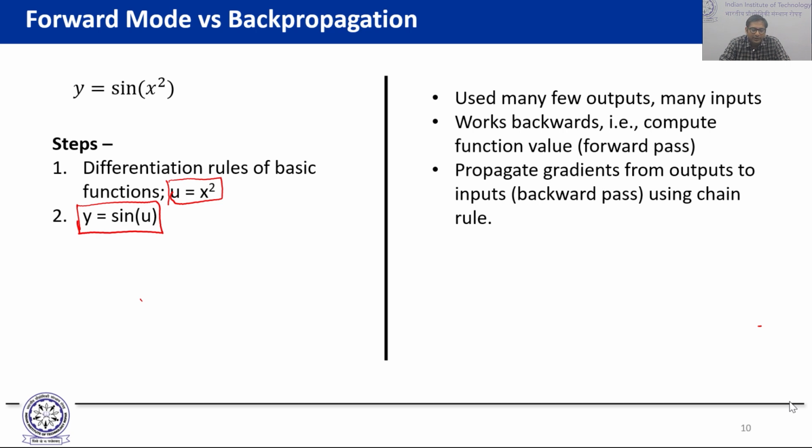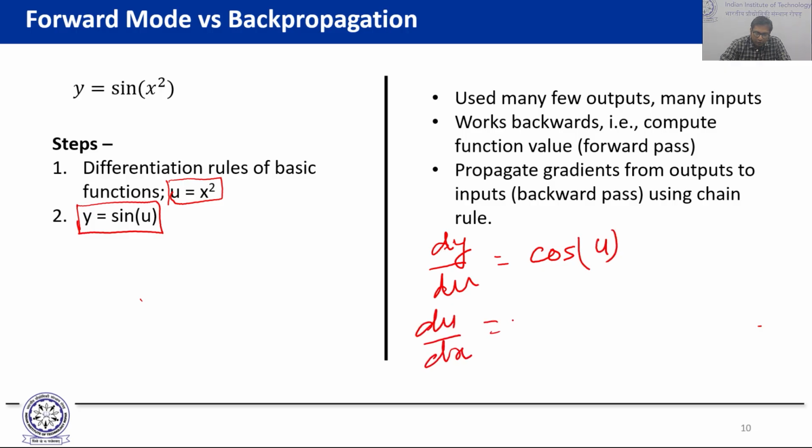On the other hand, backpropagation becomes useful when there are few outputs and many inputs. Essentially what we will be doing here is working backwards, and so instead of starting with the initial function, we find dy by du to be cos u, and then we find du over dx to be 2x, and from there we compute that dy over dx is going to be cos of x square times 2x.